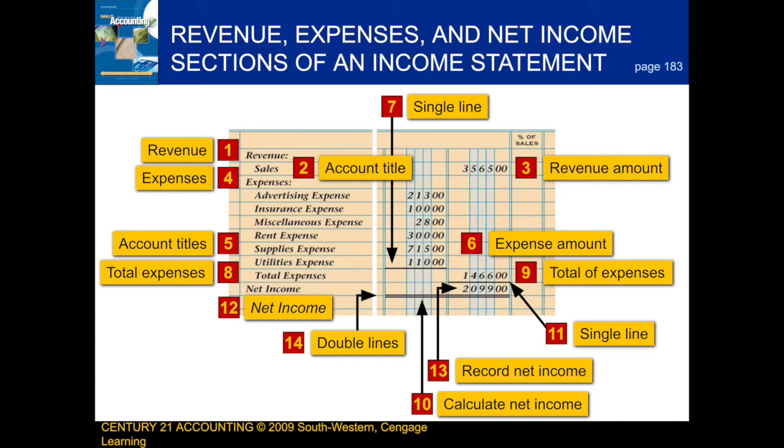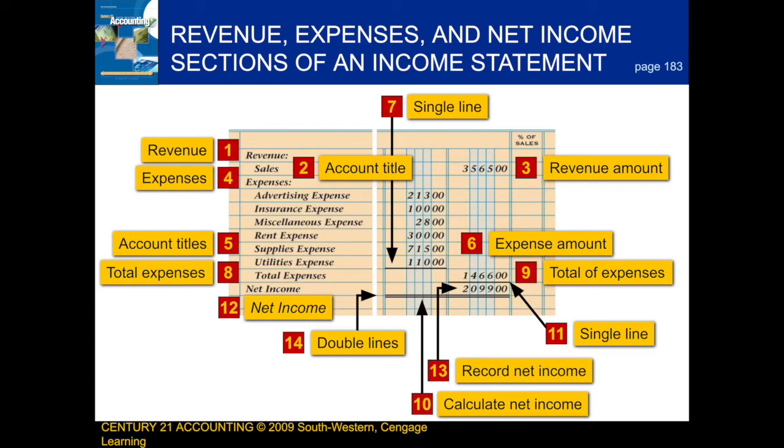Number 3 is showing us the revenue amount. Number 4 is showing us the expenses. Number 5 is showing us the account titles. Number 6 is showing us the expense amount. Number 7 is showing us a single line rule. Number 8 is showing us the total expenses.